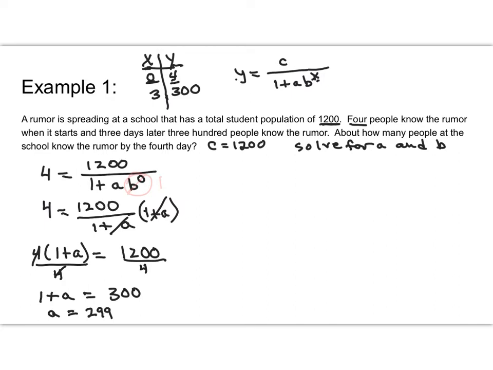So I'll go back and I'm going to use the second value that I have, the one where x is not equal to 0, and I'm going to plug in the values I have into the equation. So when x is 3, I know that y is 300, c is always 1200, a is 299, and x is now 3.